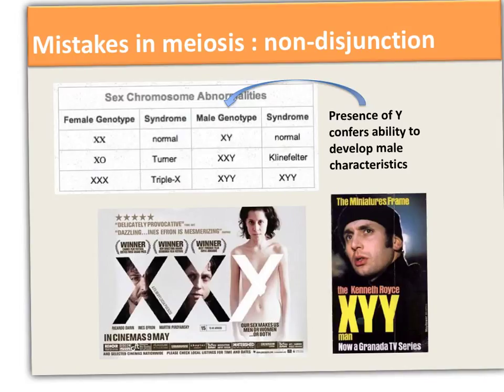We have a male genotype, XY, that's normal. XO, in other words, kind of only an X, is Turner syndrome. Klinefelter syndrome is XYY. And XXX is a superwoman, XXX.